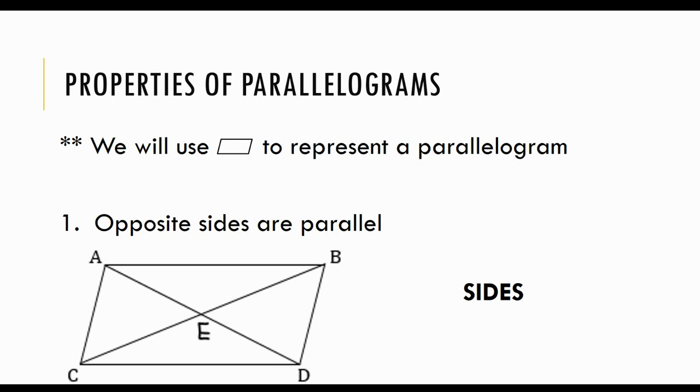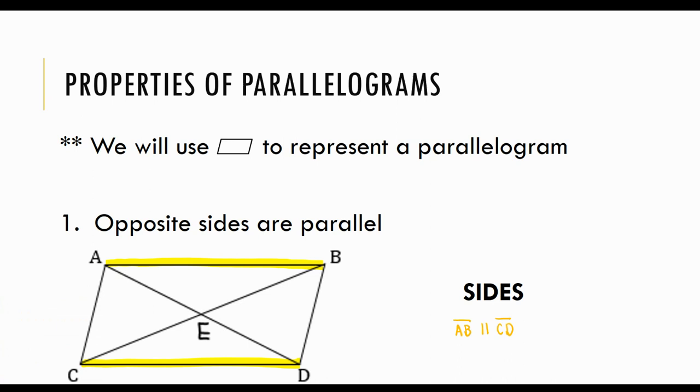Okay, but if I'm talking about opposite sides that are parallel, well, in this particular figure, notice that one of the sides is AB, and the side opposite it would be CD. Those two, based off of our first property, would have to be parallel. They're never going to intersect. So I would say that the side AB is parallel to the side CD.